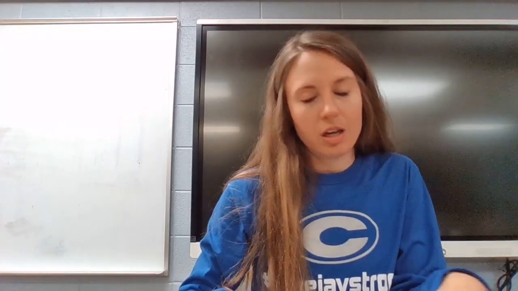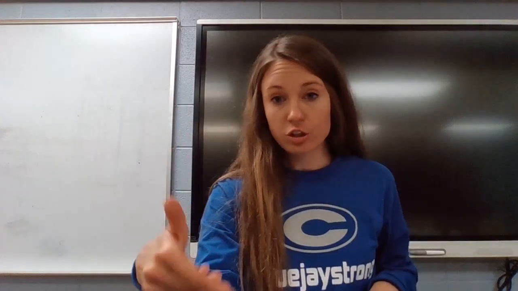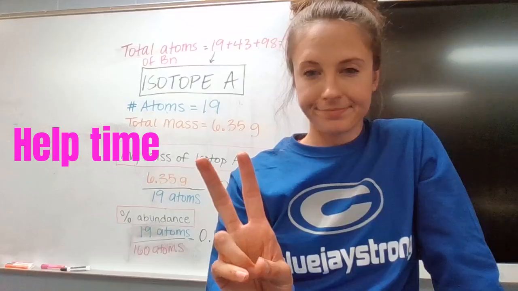Once you have all that data in your data table, you should be able to go on and answer all of the questions. You will be using a lot of that information for question number 4, where you will plug it into the atomic mass equation to find the actual average atomic mass for my element Bn.